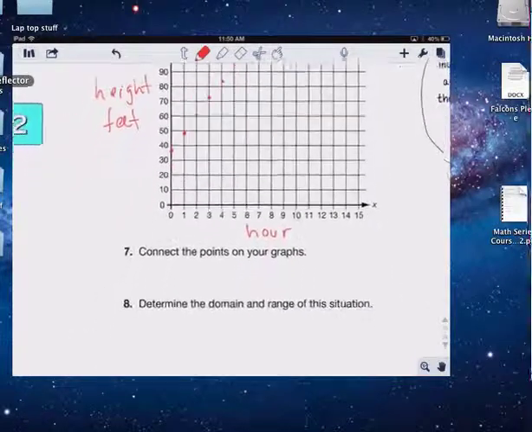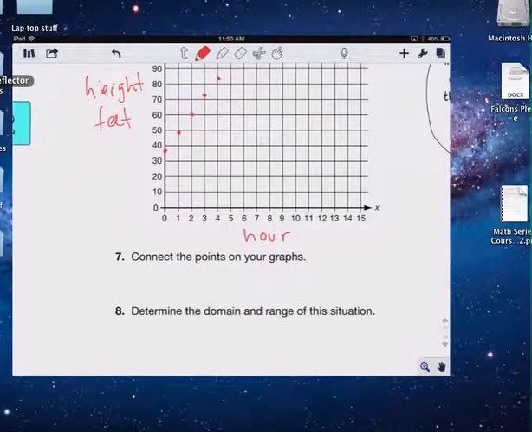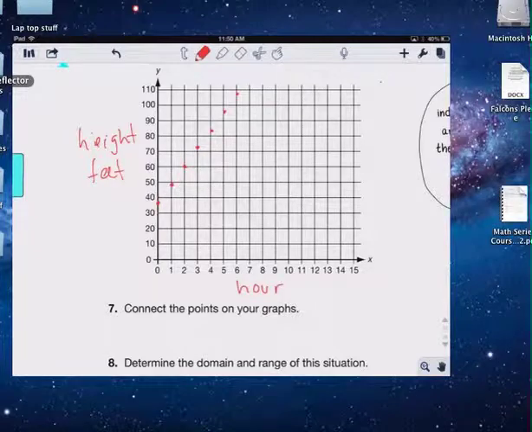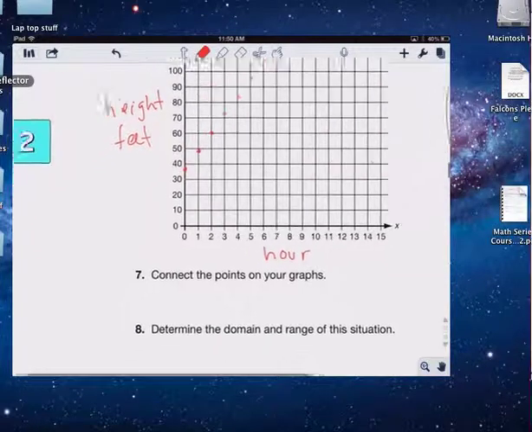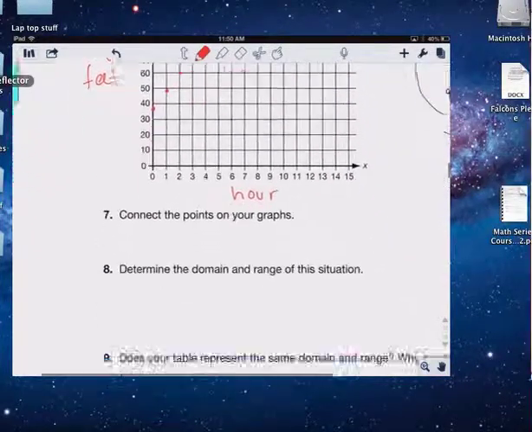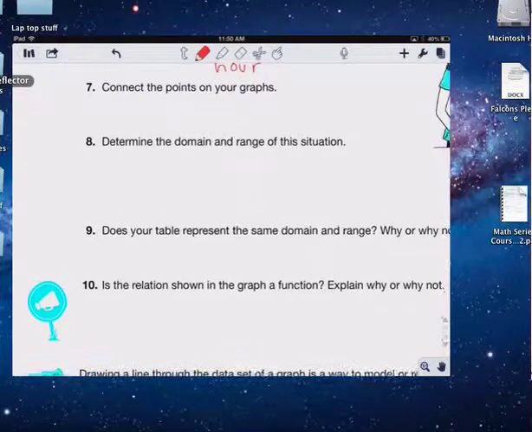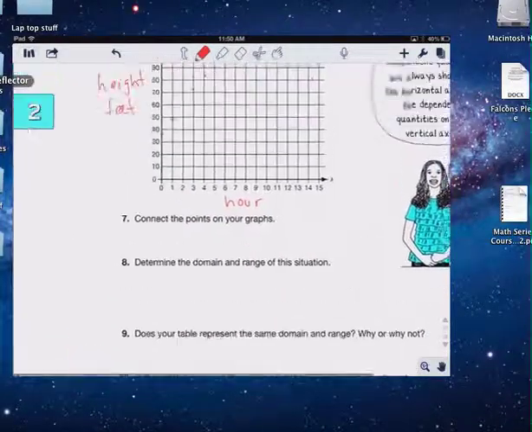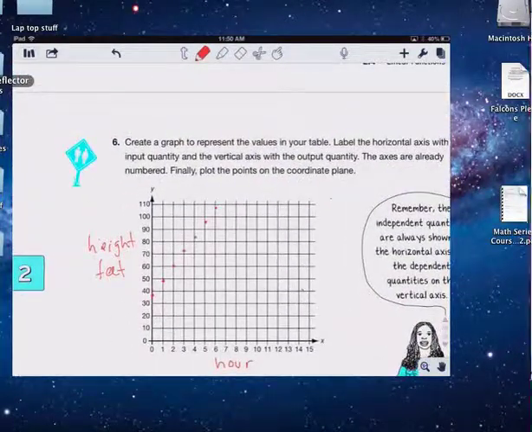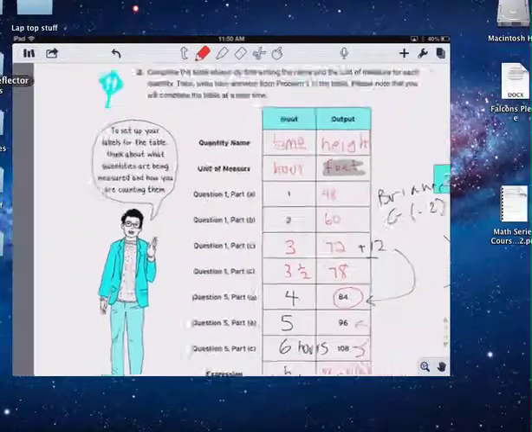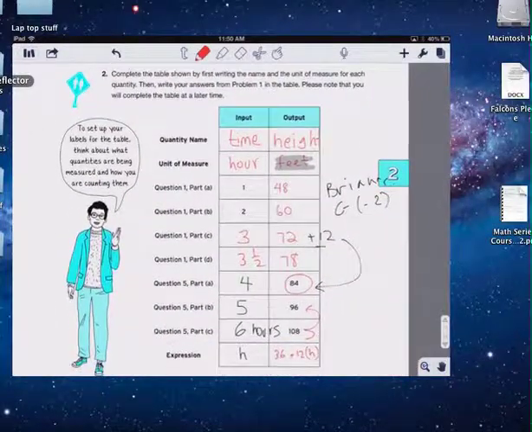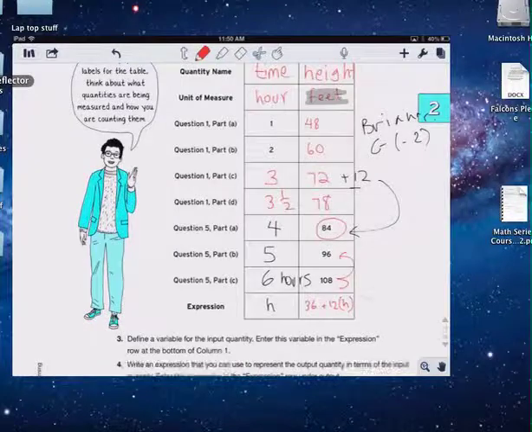Okay, now. Next, the points on the graph. Okay, any question here? Okay, tomorrow you're gonna have a quiz where you make a table like this. You have to come up with the expression.